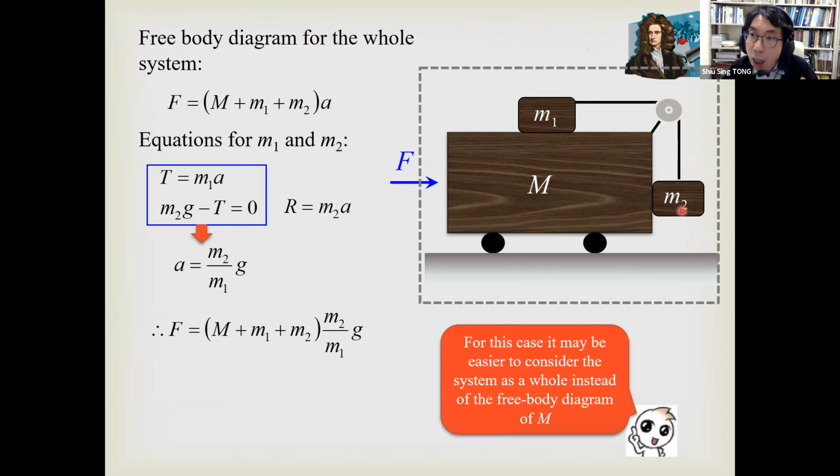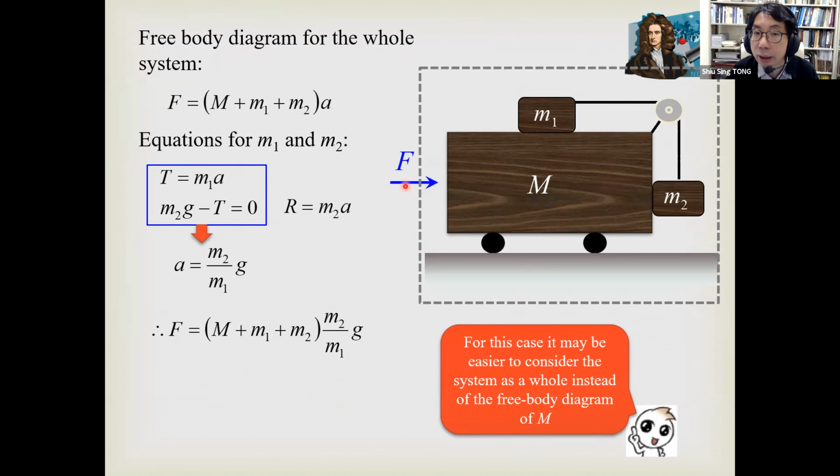Now, if we regard the three objects as a whole, as a system, then the internal force can be neglected. We do not count the internal forces because we now are regarding the three bodies as a whole, as a system. So we count only the external force.